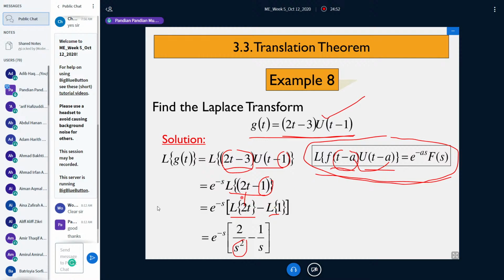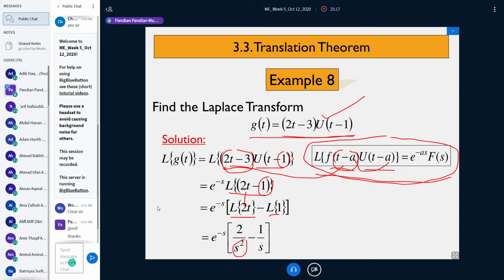Now, after you make this, then these 2 you can actually take out: 2 Laplace of t, 1 over s squared, minus Laplace of 1 over s. That is the difficult part. This one is equal to this, so you have to modify. That's why this becomes 2t minus 1. They already skipped one step.